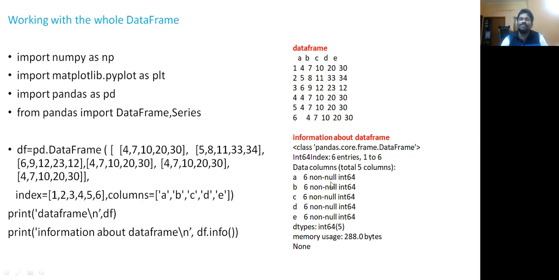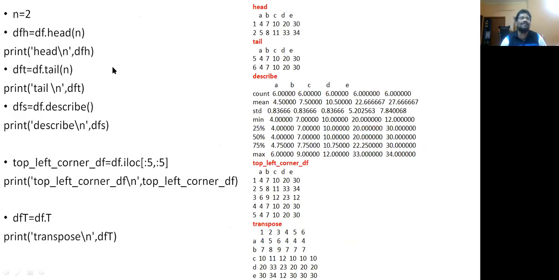Data columns: first, second, third, fourth, and fifth column, data type integer 64. The memory usage is 288.0 bytes, right? So that is the information when you are using df.info like this.